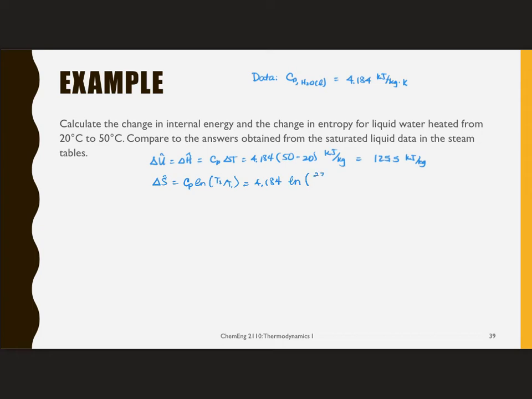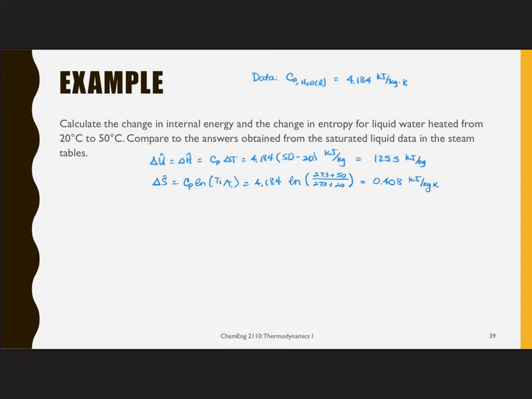Remember that I must change to Kelvins. These have to be absolute. So 273 plus 50 over 273 plus 20. And this answer is 0.408 kilojoules per kilogram Kelvin.